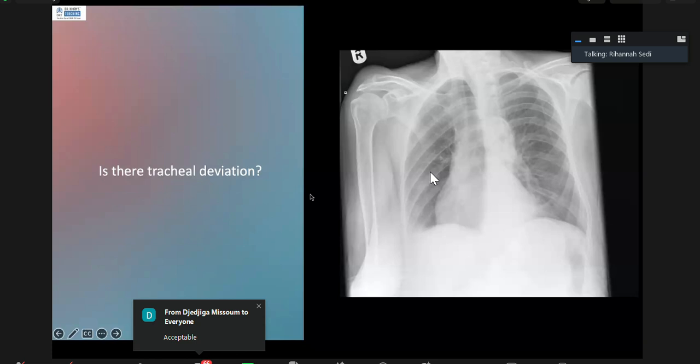Now looking at the third image, is there tracheal deviation? Please put your answer in the comment section below.